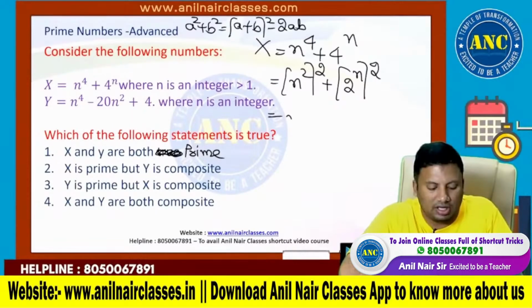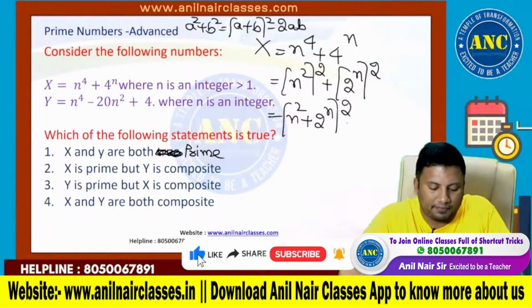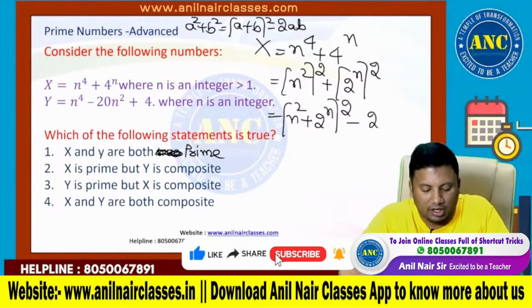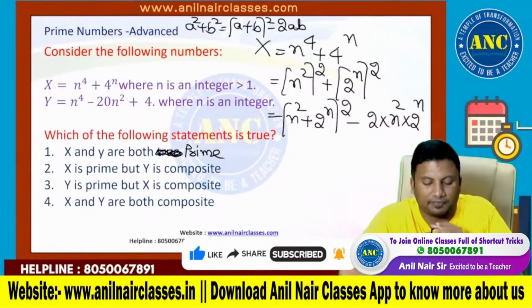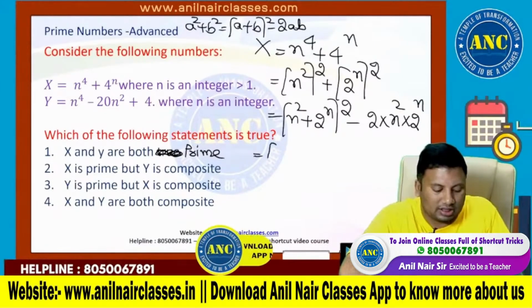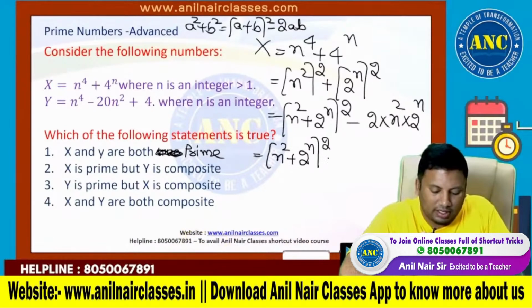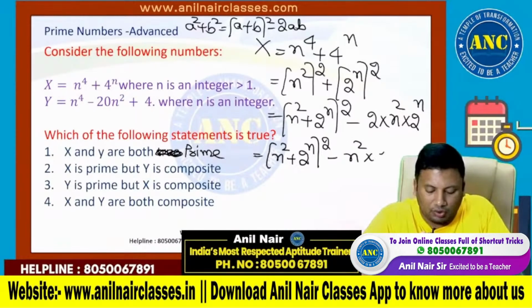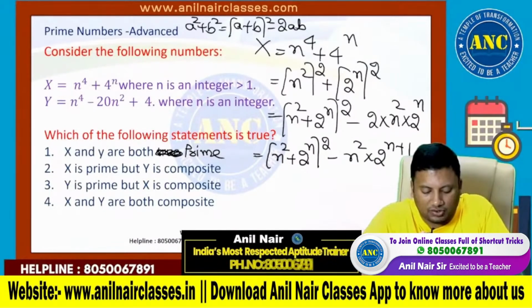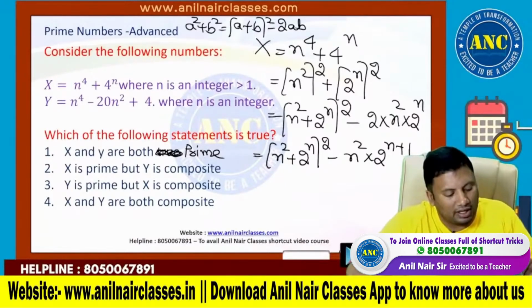So these are nothing but (n squared plus 2 power n) whole squared minus 2ab, which is 2 into n squared into 2 power n. Are you all with me? These are nothing but (n squared plus 2 power n) whole squared minus n squared into 2 power (n plus 1).